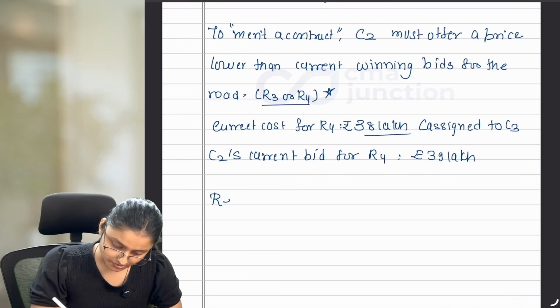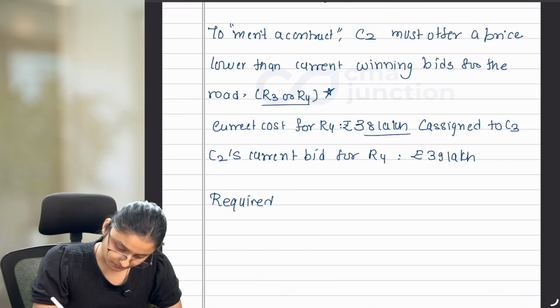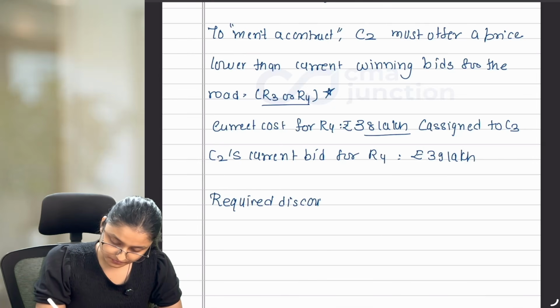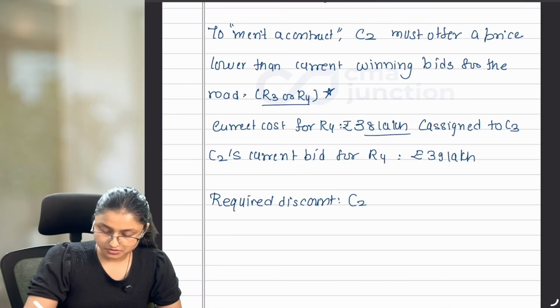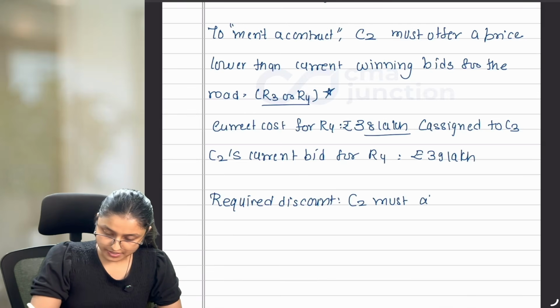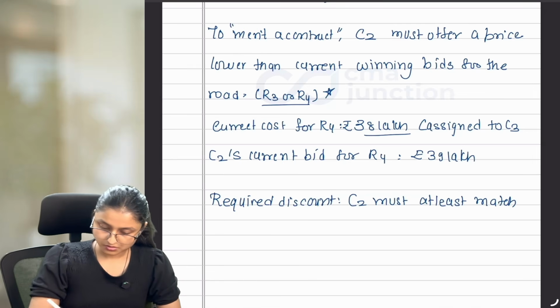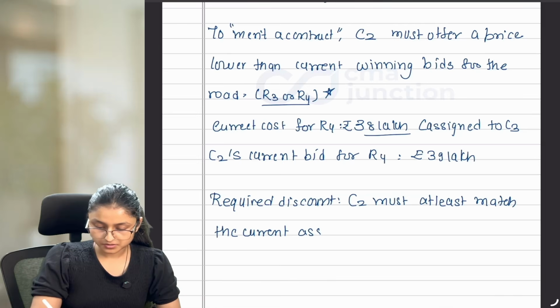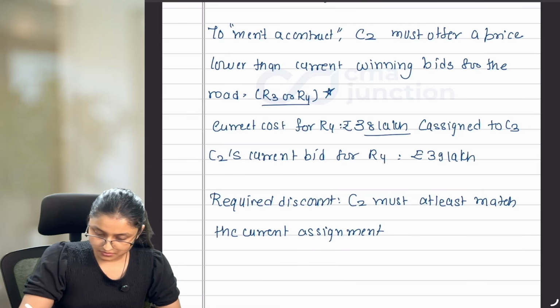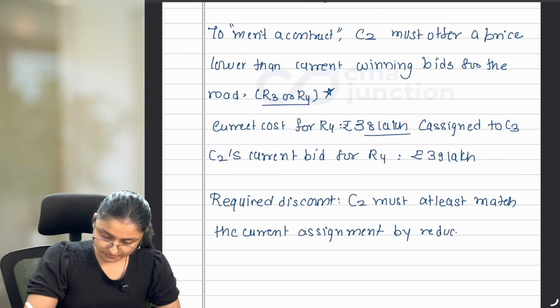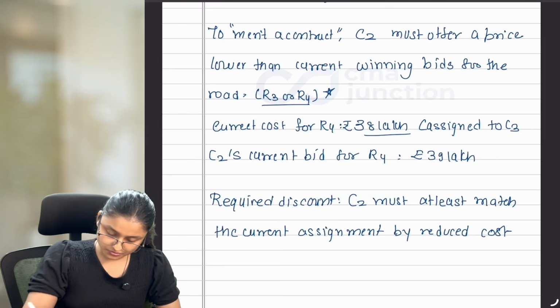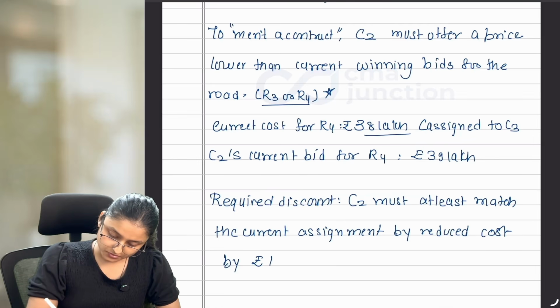Write it down. Required discount: C2 must at least match the current assignment by reducing cost by rupees 1 lakh.